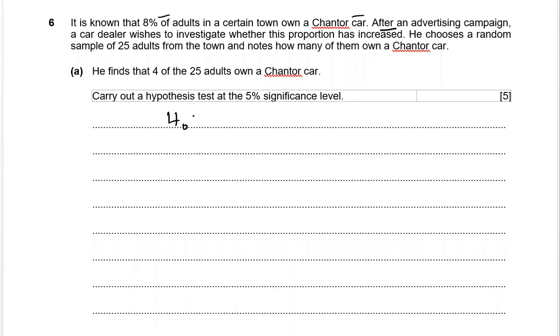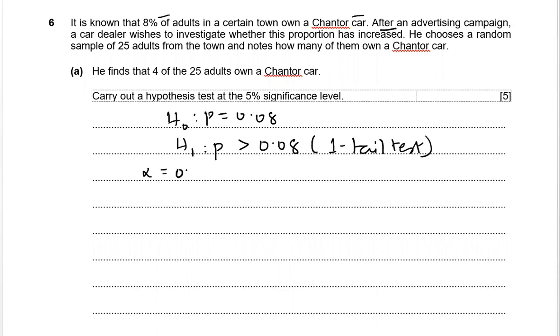So H naught: P is equal to 0.08. H1: P is greater than 0.08. Increase, it says one tail test. Okay, 5% significance.